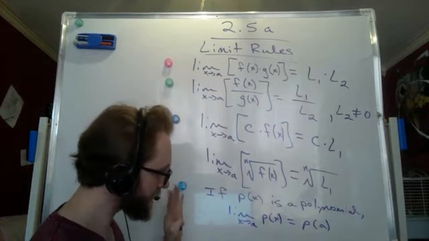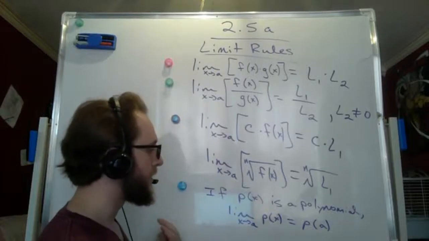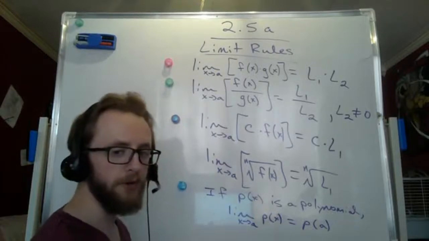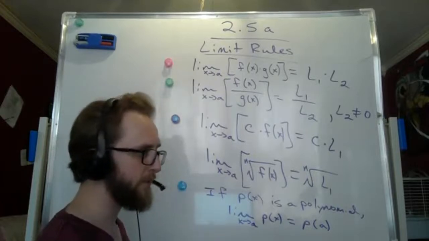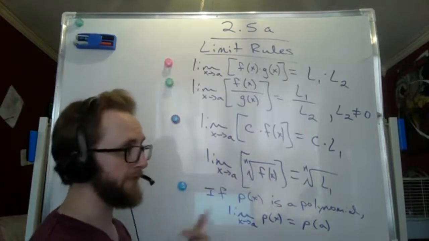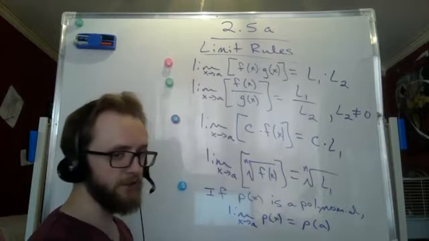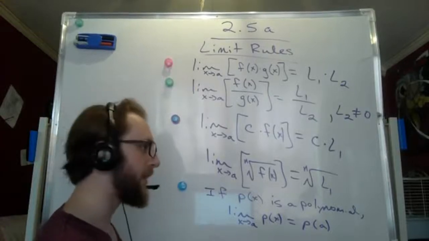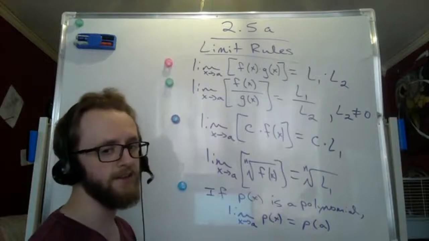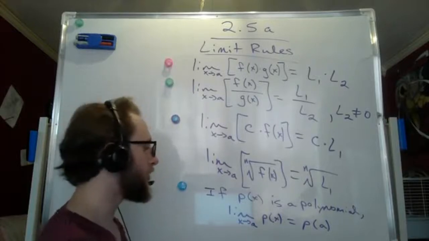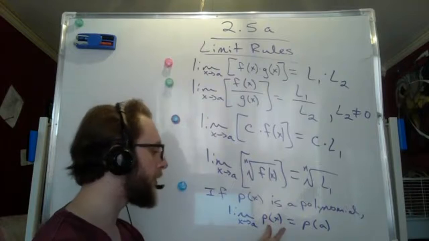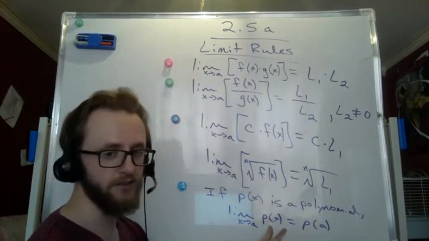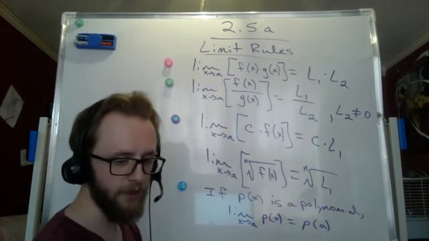But keep in mind here that when I say polynomial, this is not with fractions. If it's a polynomial divided by a polynomial, then that's no longer a polynomial, that's a fraction instead. And in that case, you might have a 0 in the denominator, and that's bad. We can't do that. So keep in mind, this is strictly for polynomials, not fractions. So be careful of that there.